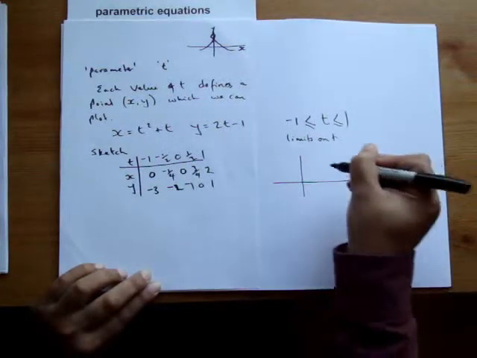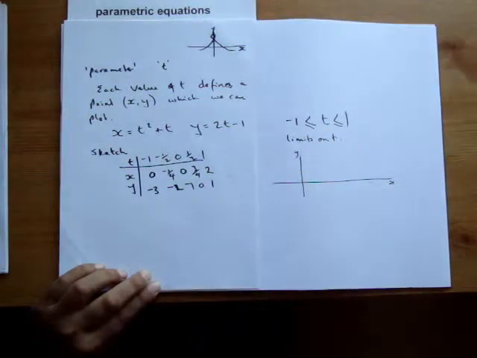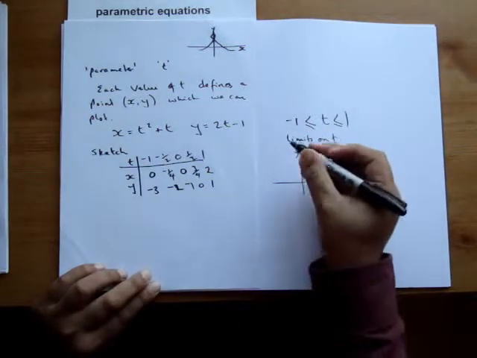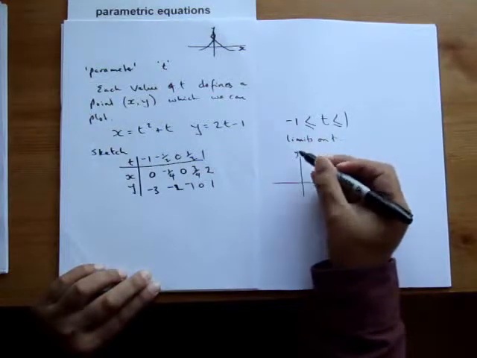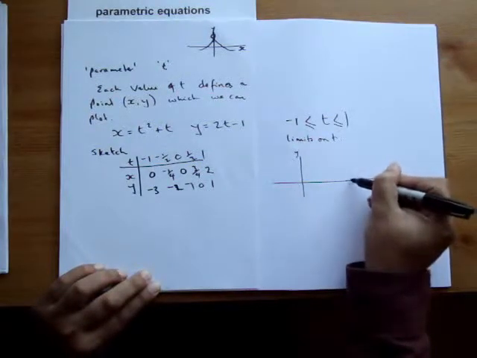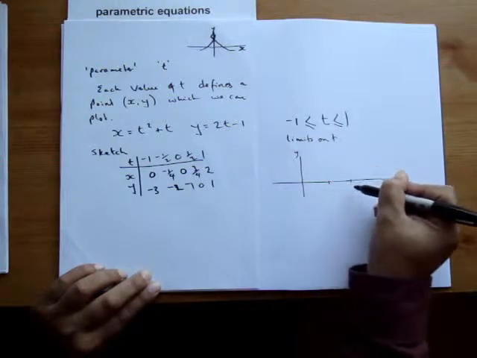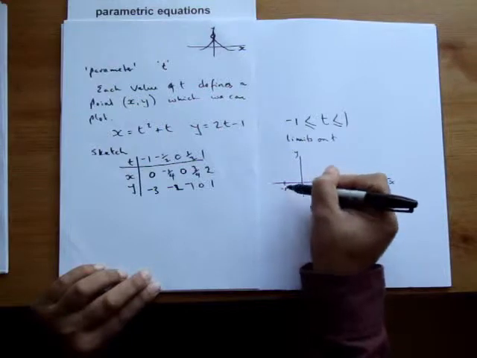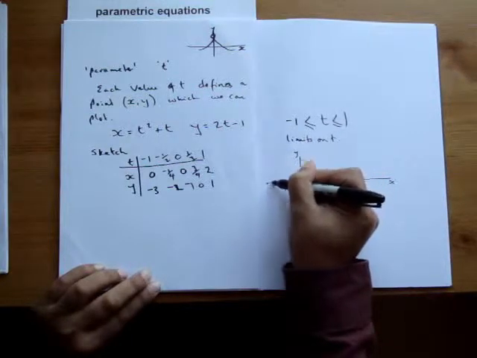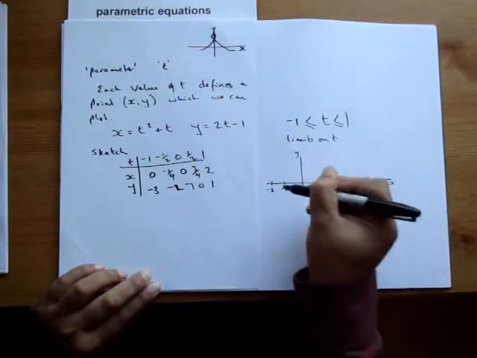So this is the x-axis, this is the y-axis. What we do here is plot these values. So say we have 2 there, 1 there, and similarly minus 1, minus 2.